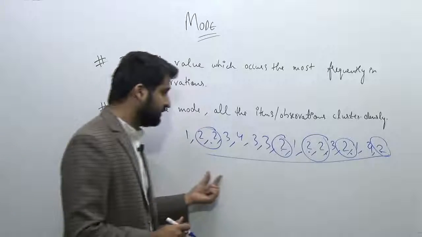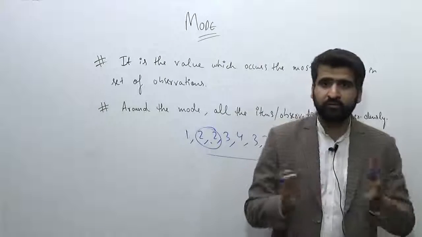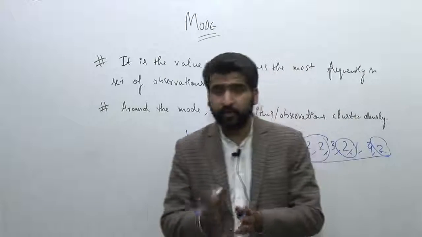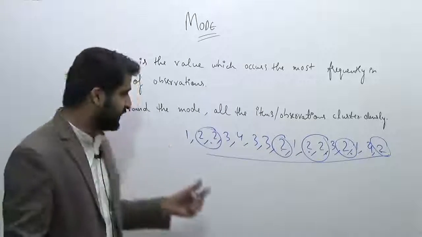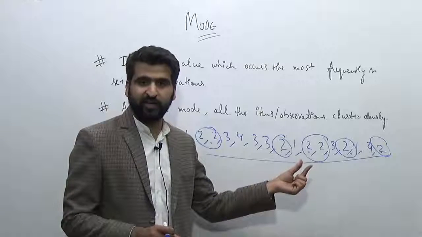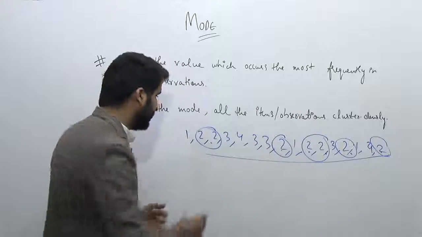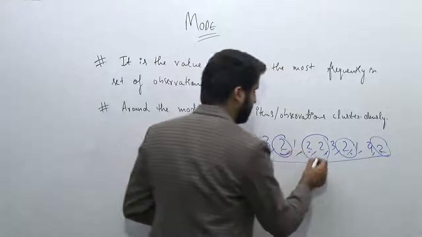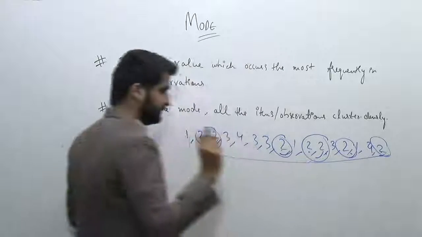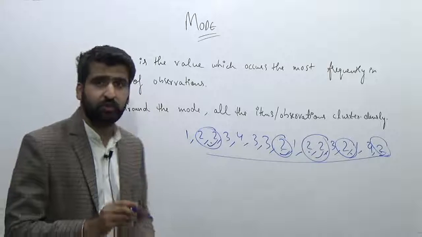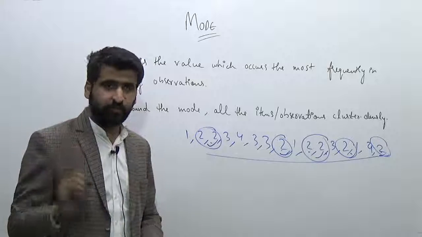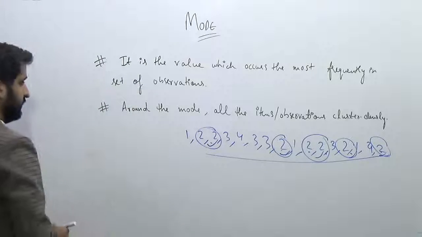So you can see that the data is all clustered around 2. If you write the data, you will see too many 2's, and the frequency of 2 will be very high. So we can say that the mode here is equal to 2. So just understand this concept. The value which occurs the most frequently in the set of observations, that is nothing but the mode.